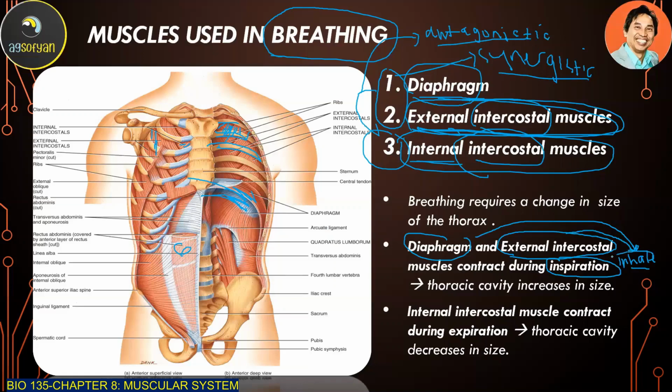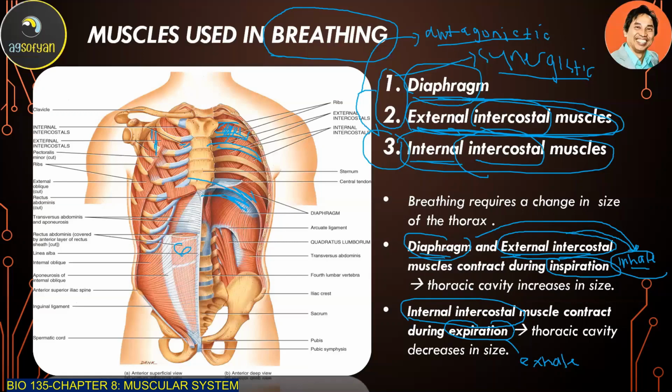So during inhalation, the diaphragm and external will be contracted. The internal will be relaxed. During expiration, or exhalation, only one will be contracted. Which one is that? The internal intercostal muscle will be contracted. The other two, diaphragm and external intercostal, will be relaxed. This is how we breathe.